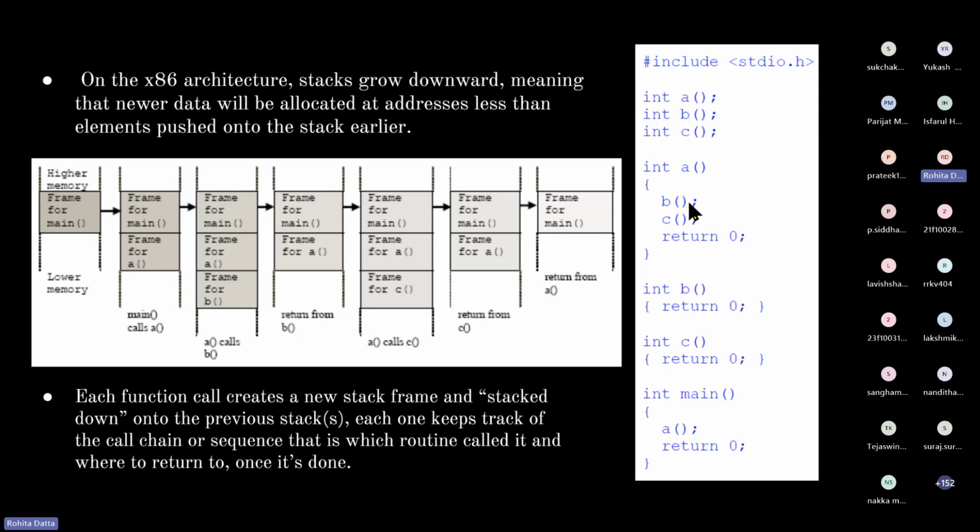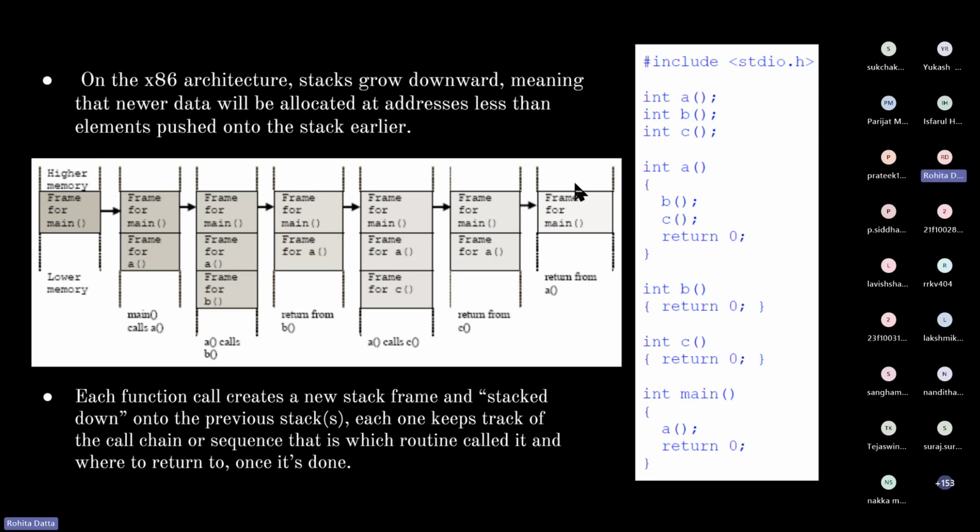After B is executed, you see that C is being called. So a frame is made for C, and then you return from C and you again forget that there was a frame here. You go back to the frame for A, and then you finish executing A. So you return from A and you're left with your original frame for main.